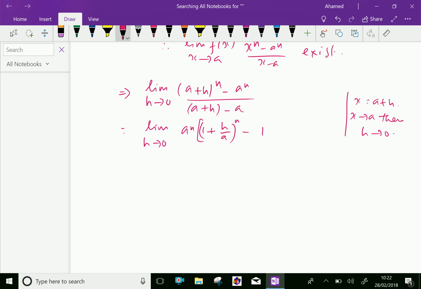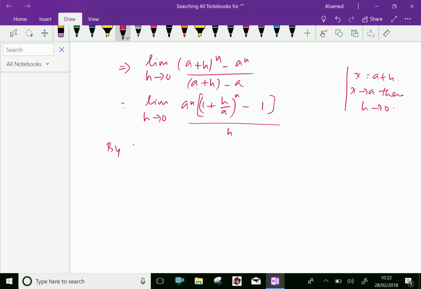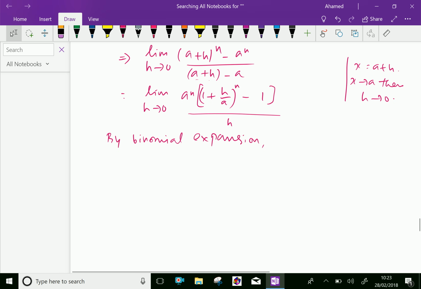Since we get a^n out, over here a plus h minus a, the a and a cancel, and h will be there. Now by binomial expansion, we can expand (1 plus h over a) whole power n like that. Here a^n comes out of the limit because there is no h in it.